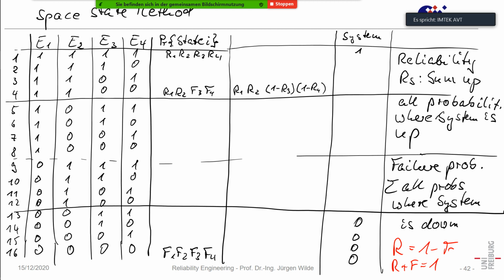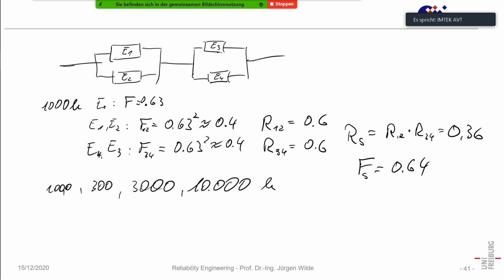And my idea is you exercise it for yourself. Also, what I would like to check you is that when you look at the space state method for that case, and you compare it with the other method, where I have put it that way.